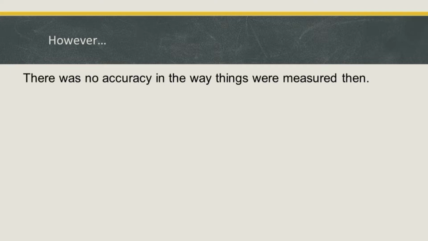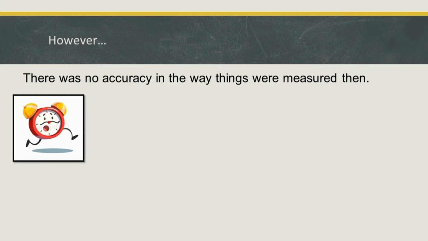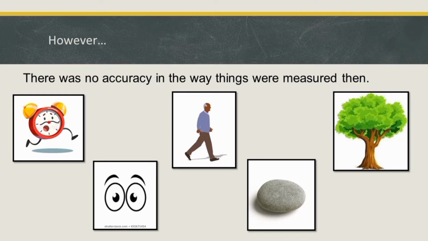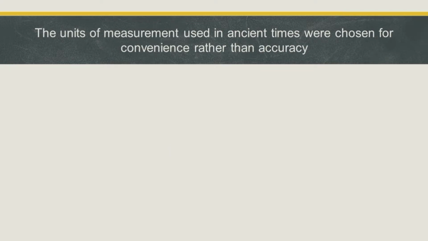However, there was no accuracy in the way things were measured then. Distances were judged by time, by eye, or by pace, and sizes were compared in terms of stones, trees, or other objects common to their surroundings. The units of measurement used in ancient times were chosen for convenience rather than accuracy.